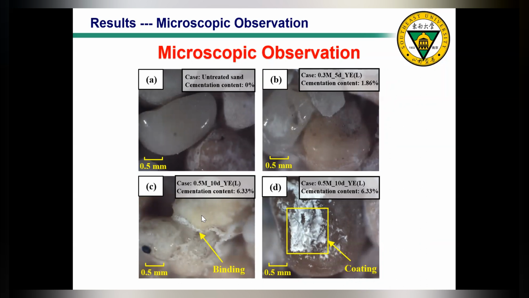However, for the heavily cemented case, which has 6.33% cementation, we can see quite obvious, wide interparticle bonding or cementation between the sand particles. In addition, we also see many calcareous sand particles coated by this kind of white cementation. So these two graphs prove that the bio-cementation is effectively generated.